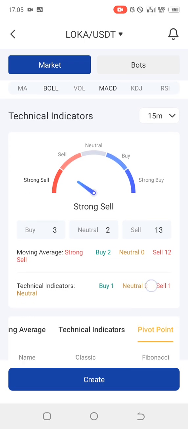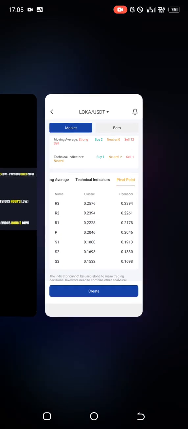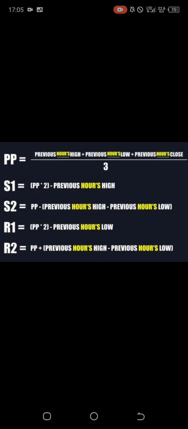So we're giving the pivot calculation. To calculate the S1, you have to take the pivot point times 2.